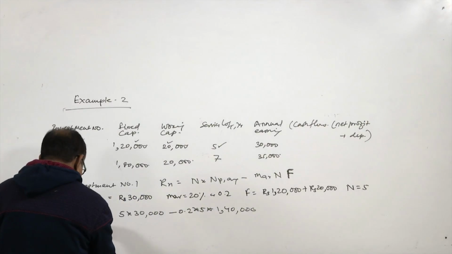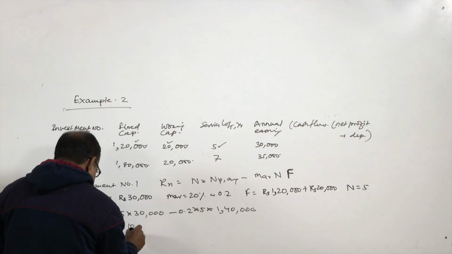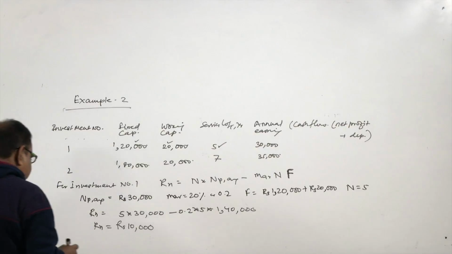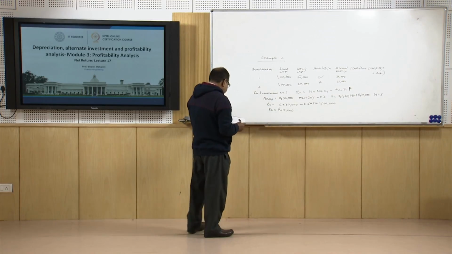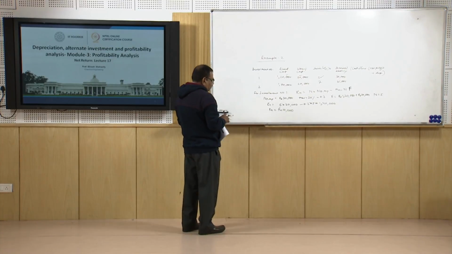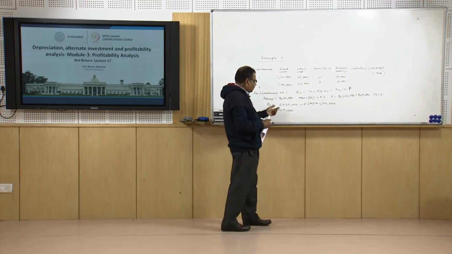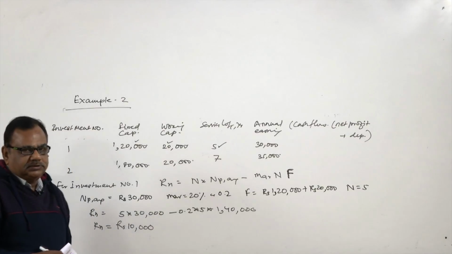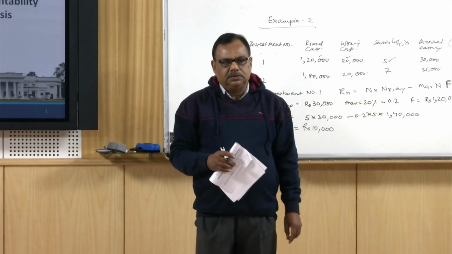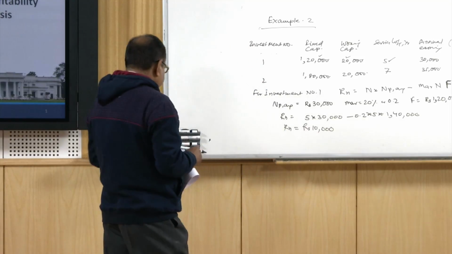So, this comes out to be Rn equal to rupees 10,000. Since Rn is positive, the investment is acceptable, as it will be able to meet this MAR of 20%, and in fact, it will give a return of more than 20%.